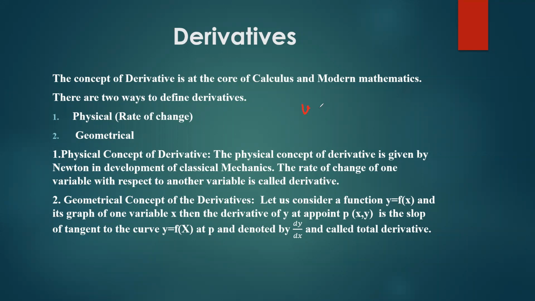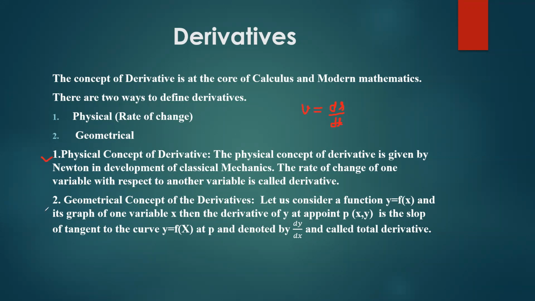It means this is the derivative also. So now is it clear how we can define derivative by using physical concept? We can write it as ds by dt. It means the derivative of s with respect to t. Is it clear?